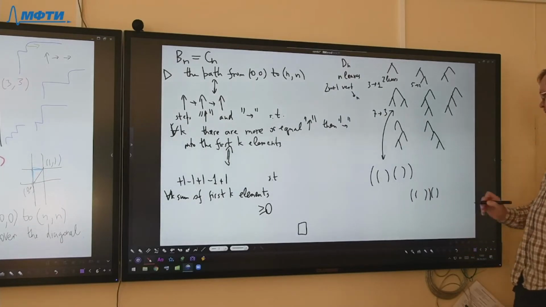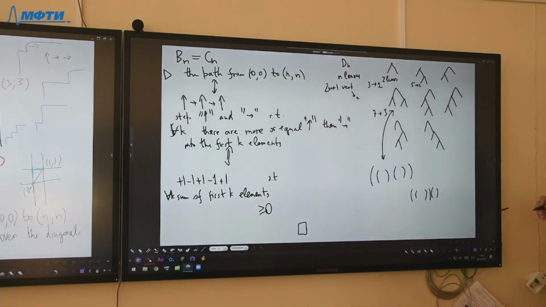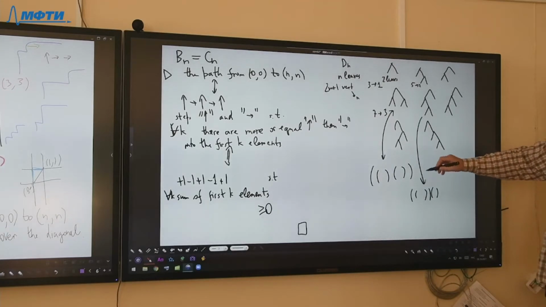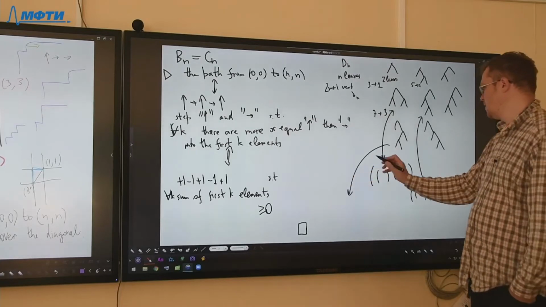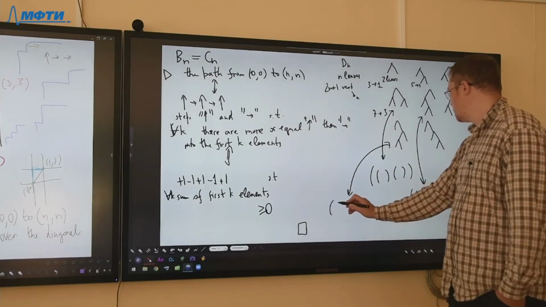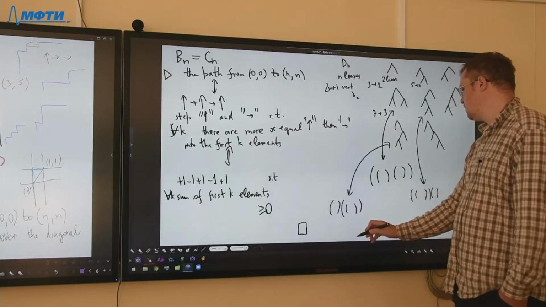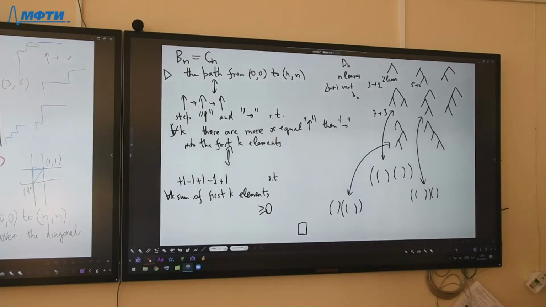This one. Okay. And we have inside it 1.